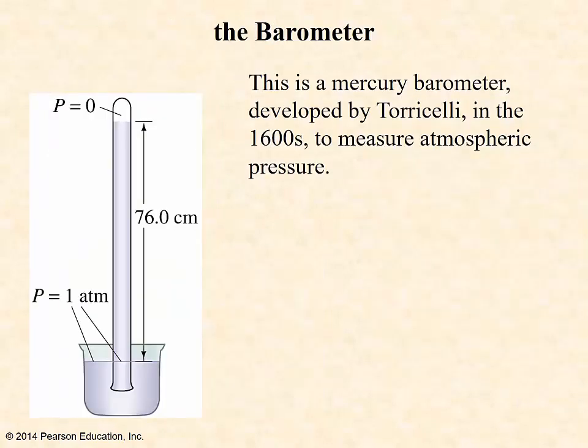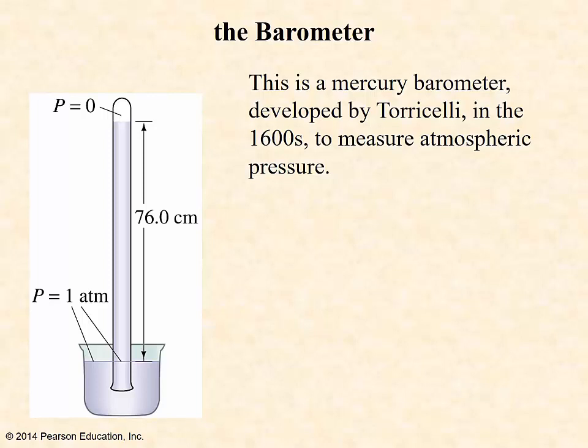The barometer is another gauge that was developed. This picture is one of a mercury barometer that was developed by Torricelli in the 1600s, well before some other principles were discovered. This was the early understanding of atmospheric pressure.